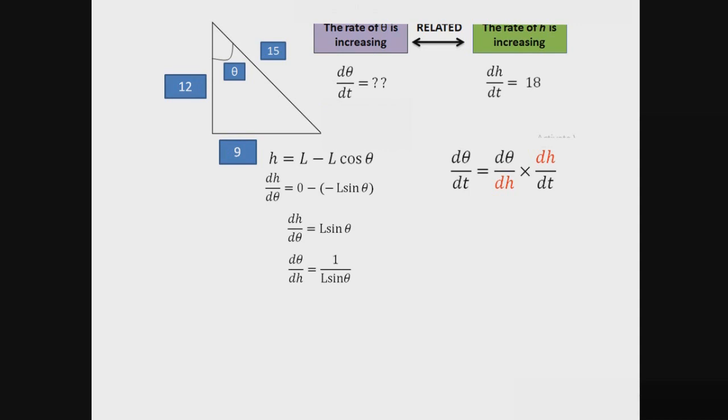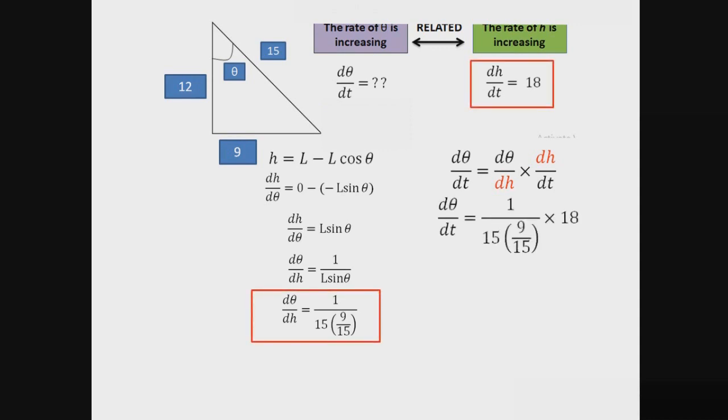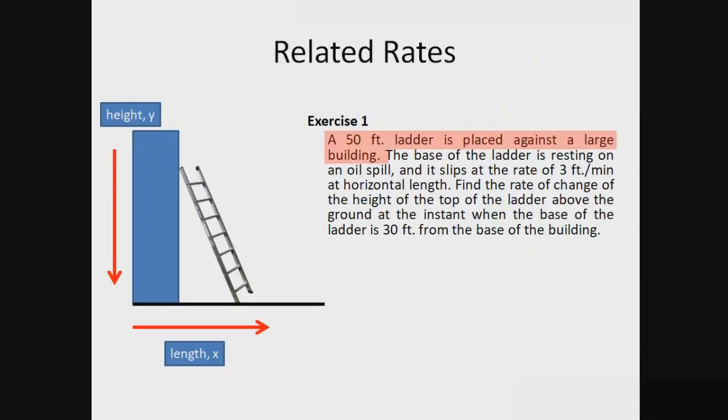So d theta over dh is equal to 1 over 15 times, in bracket, 9 over 15 as we substitute all the values. Okay, now since we have d theta over dh and also the rate of height, dh over dt, we substitute back into the chain rule, and we will get the final answer as 2 radians per second.